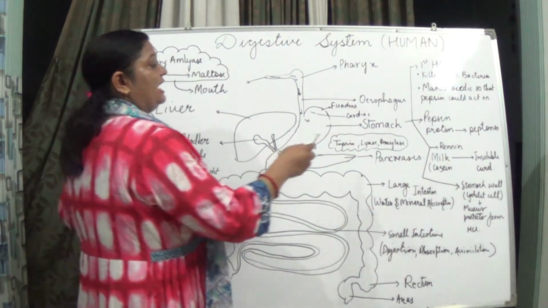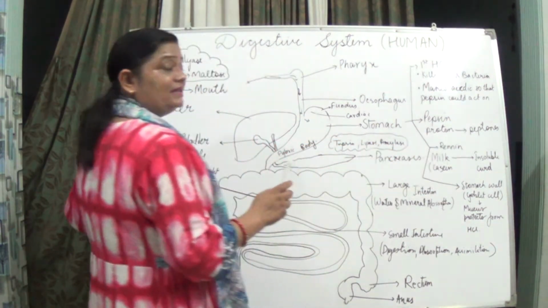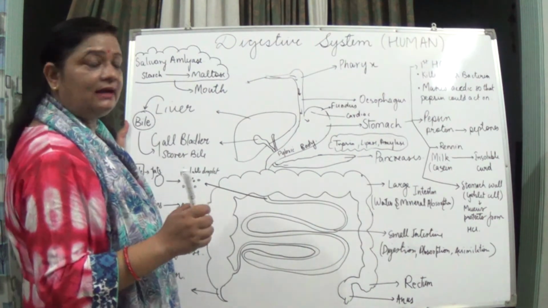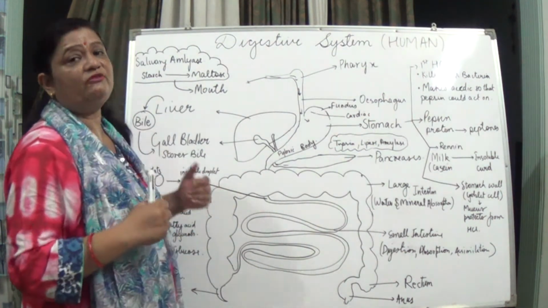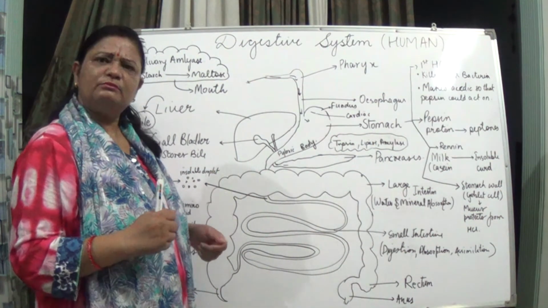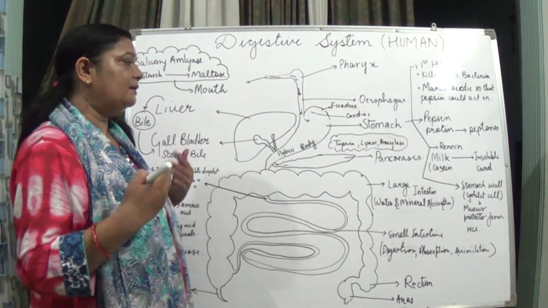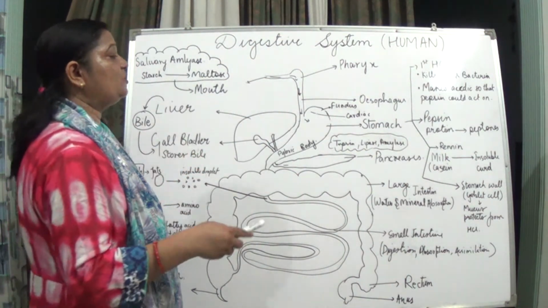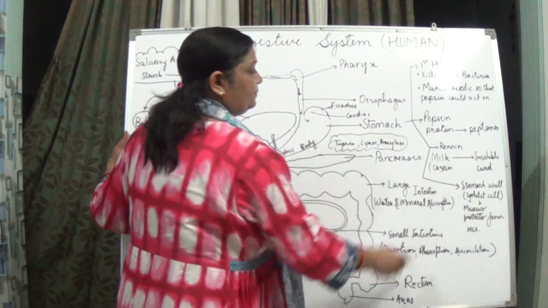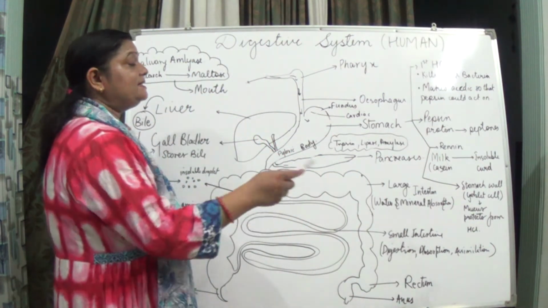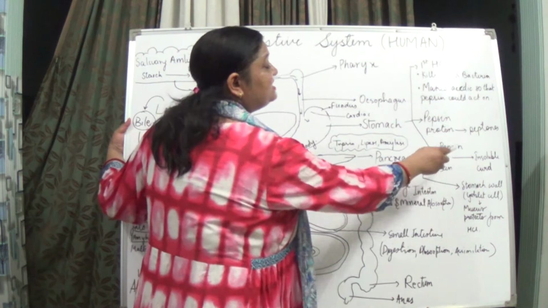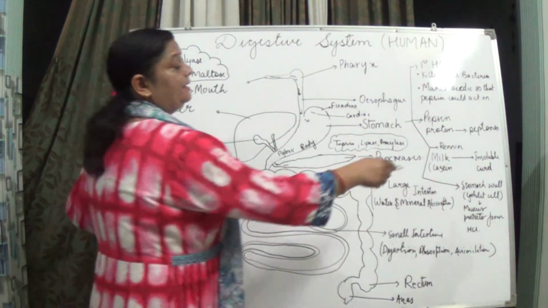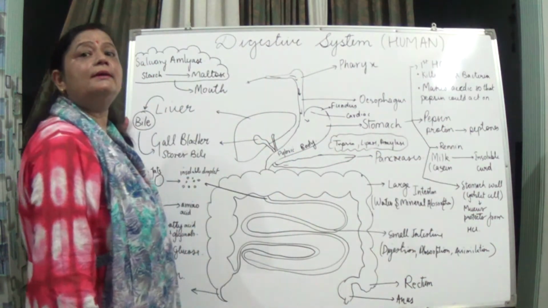Now renin. This renin is basically secreted in infants. What do the infants do? They drink milk. This milk consists of casein. Casein is a type of protein. Renin changes this casein into insoluble curd.